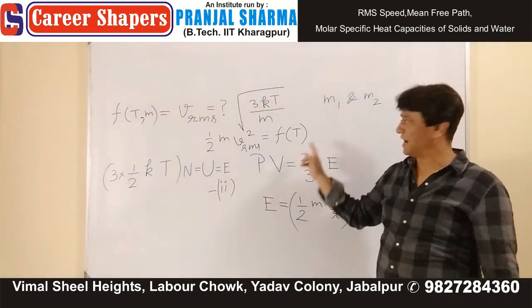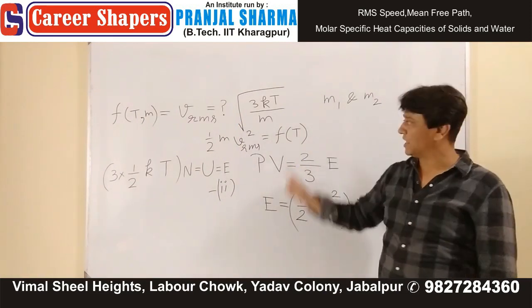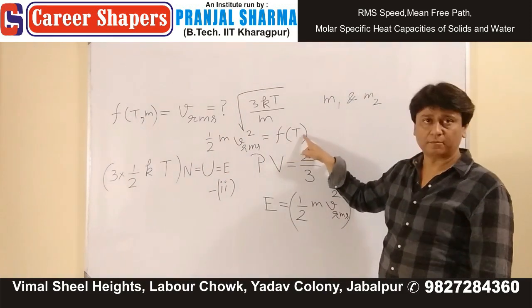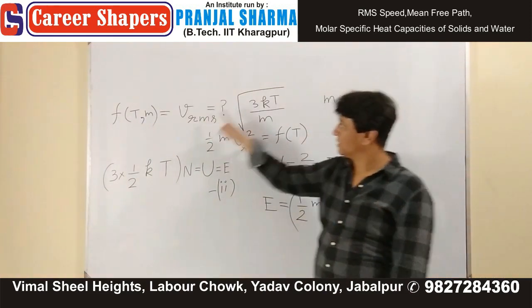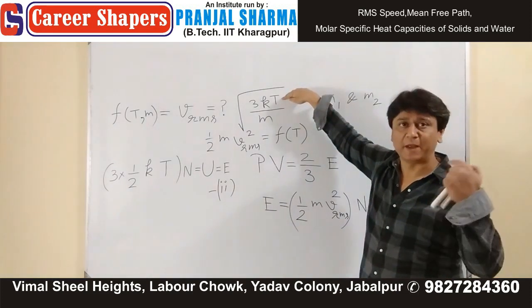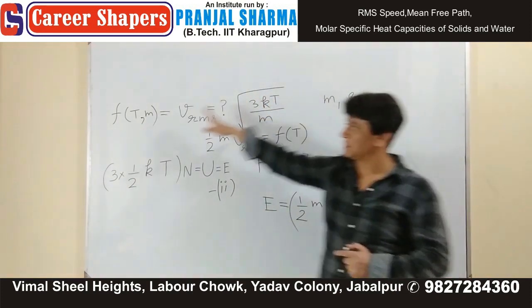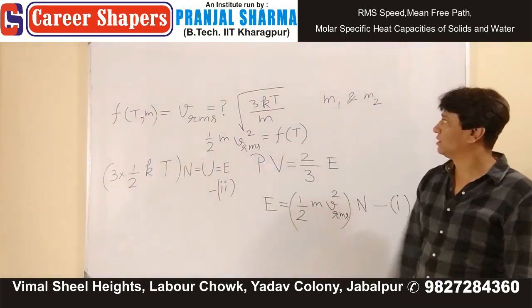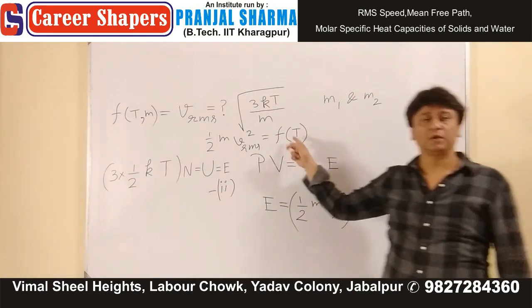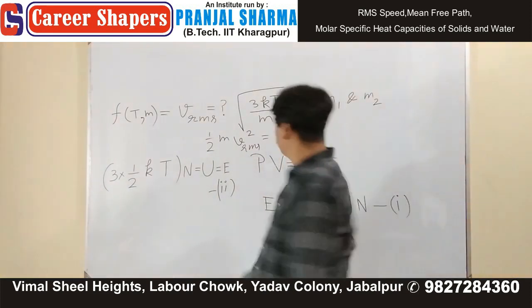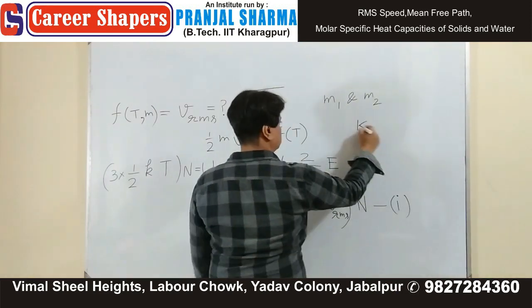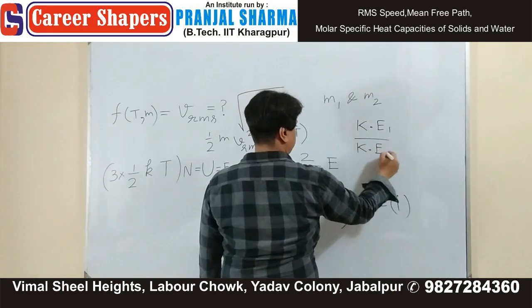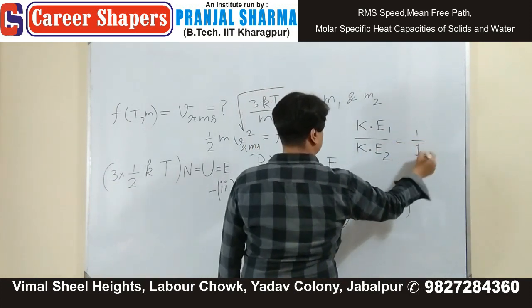I hope you understand this presentation. This thing depends upon T, and this thing depends upon T as well as m. So since I'm asking you the ratio of kinetic energy, which is a function of temperature, and the system is in equilibrium, therefore the ratio can only be 1:1.